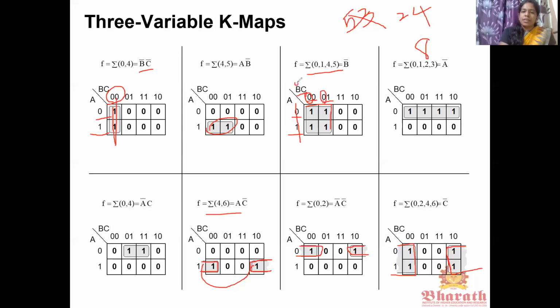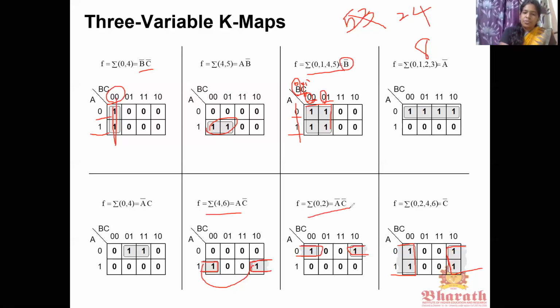So 0, same. Value of C in the first column 0, in the second column 1. So 0, 1. Here the C values we are having 0 and 1. So it's different. So leave C. We have to take only B. A value is also 0, 1. C 0, 1. B only has 0. So take only B value. 0 means complement. So B complement.